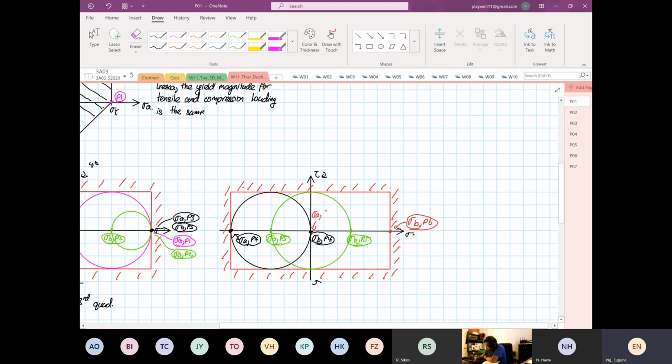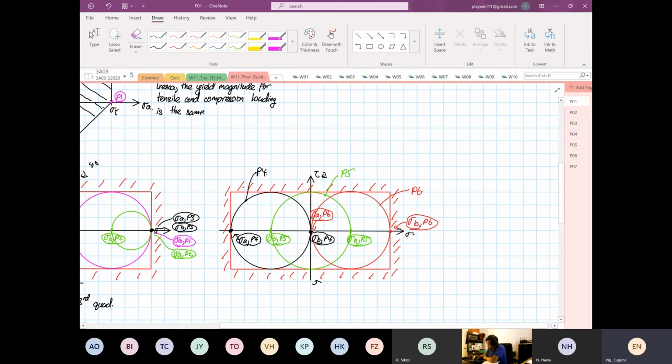So what happened now is the circle is within this operating boundary. So this circle is for point 6. The next one, the green one, is for point 5, and the black one over here is from point 4.